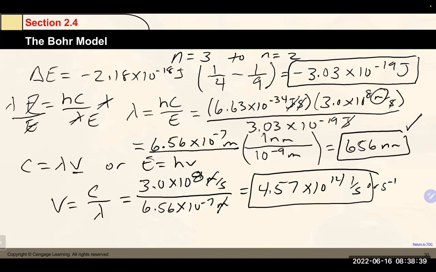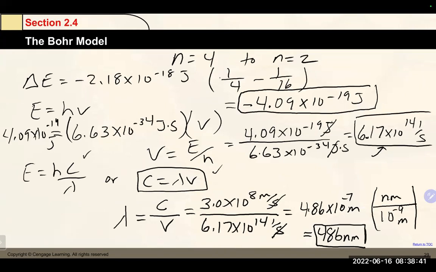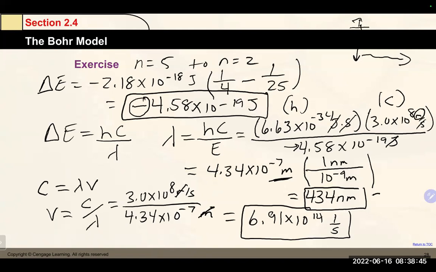It had 3.03 times 10 to the minus 19, while this one had 4.09, which is more, and this one had 4.58, which is more. This one had the shortest wavelength, which should correspond to the highest energy, and we do see that as well. It should also have a higher frequency than the one on the other side.